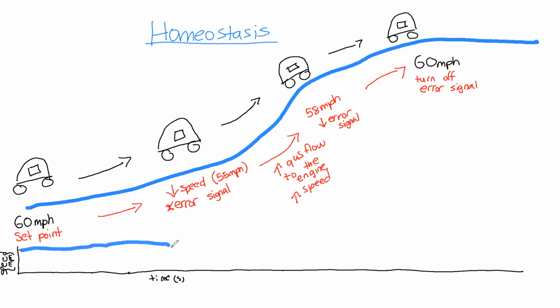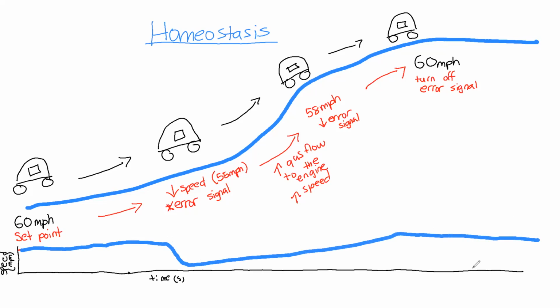At this point, we see a drop in the speed to about 55. And then we see a gradual increase until we get back up to 60, which is our set point once again.